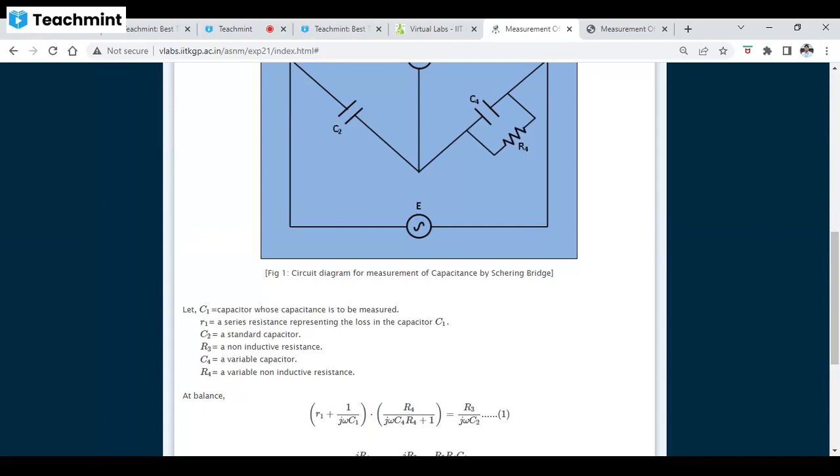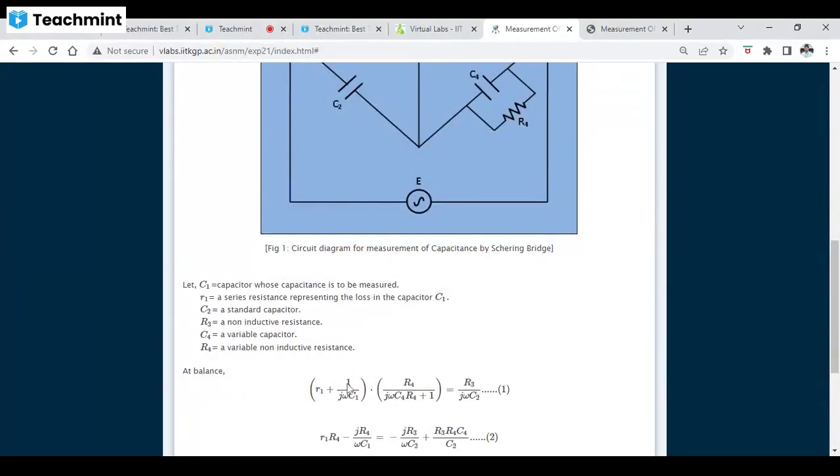So now first, Z1 is R1 plus 1 by j omega C1, and Z4 is R4 by j omega C4 R4 plus 1, and here Z3 is R3 and Z2 is 1 by j omega C2.